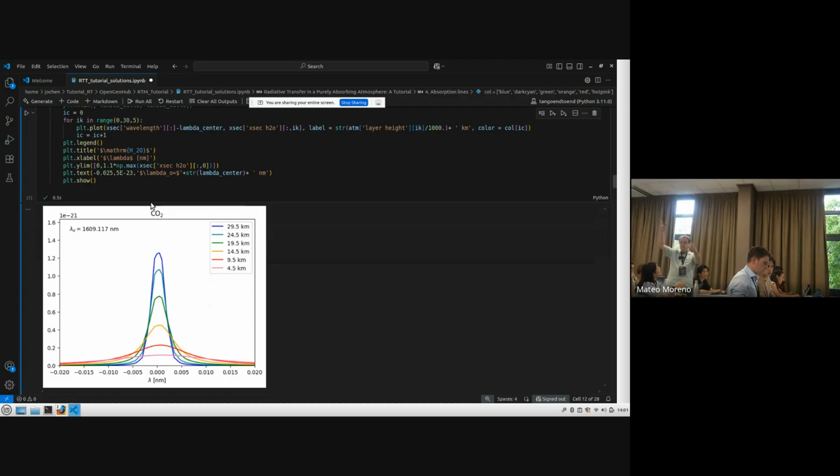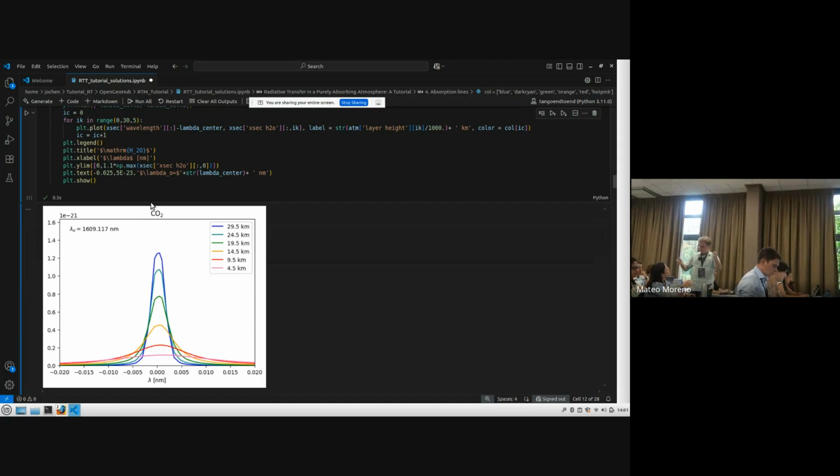You have some light coming in, it hits a molecule, and then it's the question: is the light absorbed or not? The cross section tells you, if the number is large, the chance is pretty high that this light is absorbed here. So it means that at that height there will be more probability of absorption. Exactly.